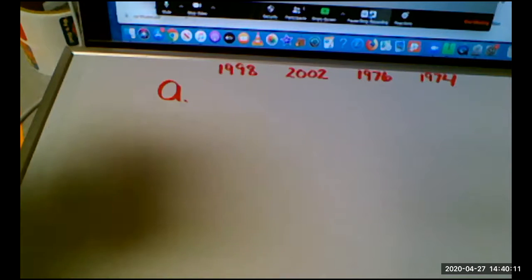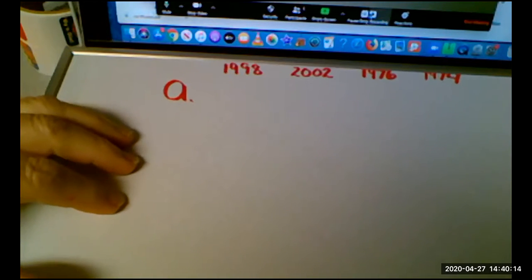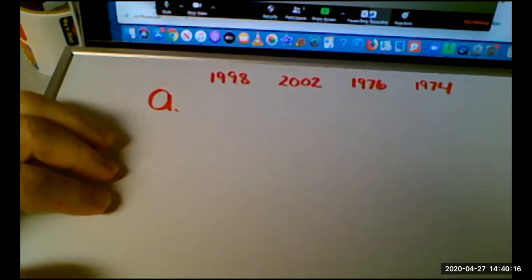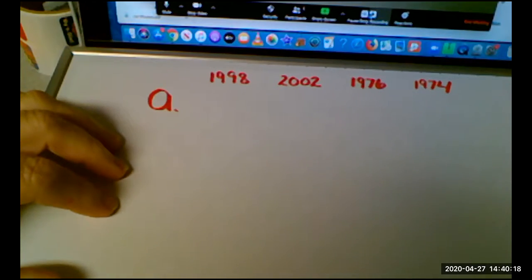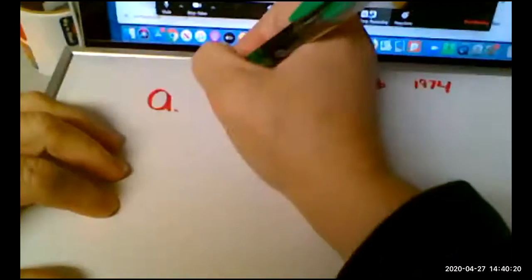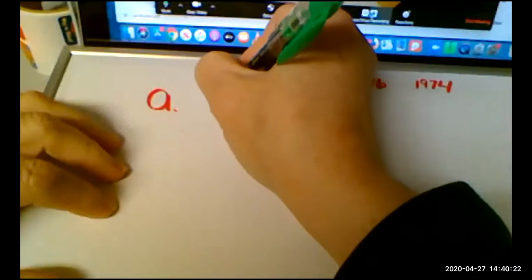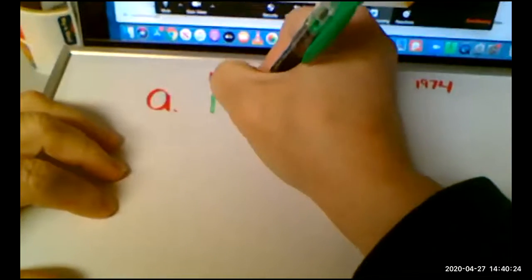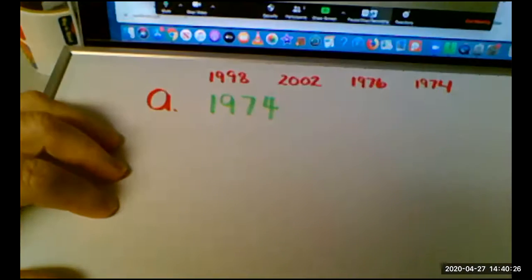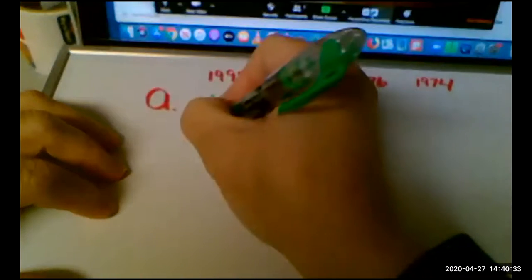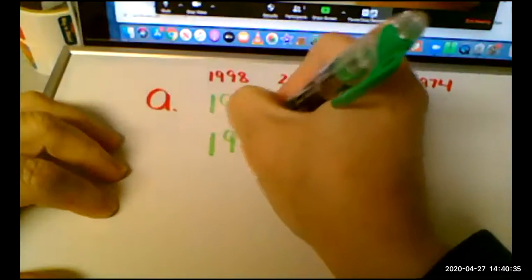So let's look at them. The earliest year would have the smallest number, and that number would be 1974. That's the smallest of these numbers. The next number would be 1976.